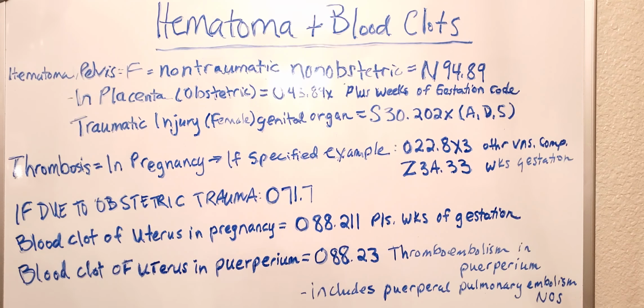And anything related to pregnancy or in pregnancy, review that section in your Optum360 ICD-10 book. There are a lot of notes in the OB section, so make sure that you review those notes.